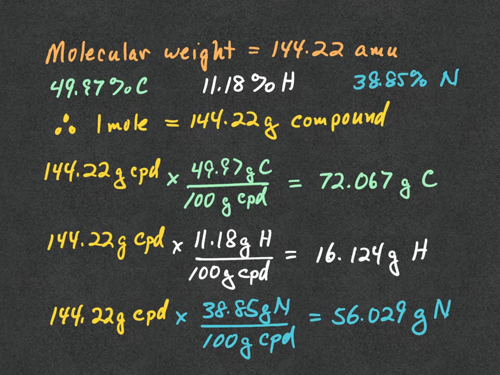Right? So now we have the amount of grams of each element that is in 1 mole. Right? That gets us closer to what we want. We're closer to that, using that law of specific proportions to our advantage.